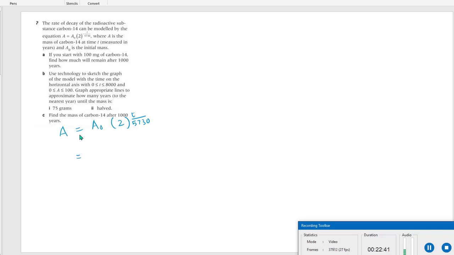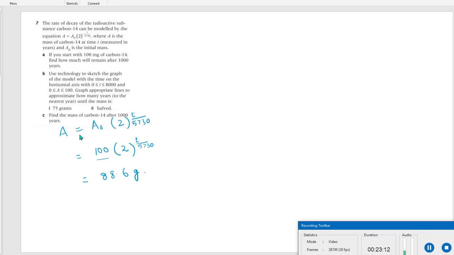Putting A0 is equal to 100, where A is the mass of carbon at time t and A0 is the initial mass. So initial mass is taken as 100 milligrams. Calculating it, it would be 88.6 grams.